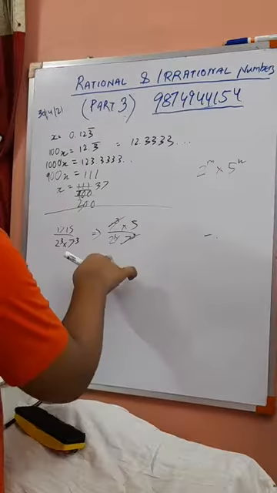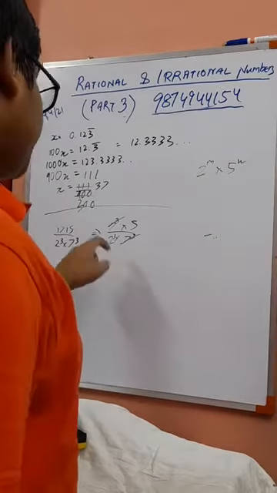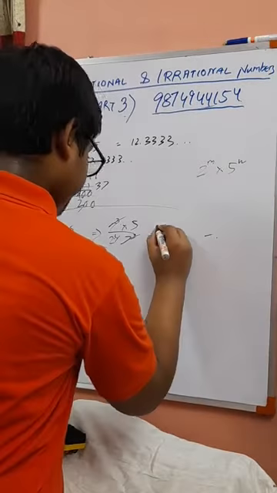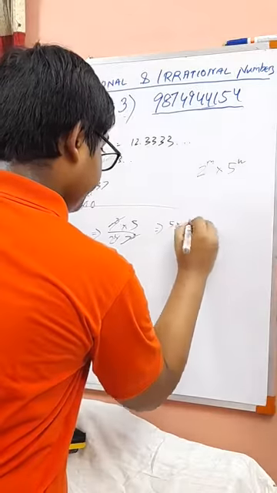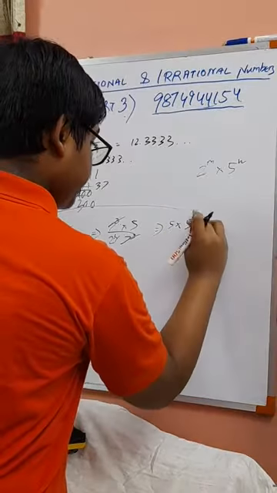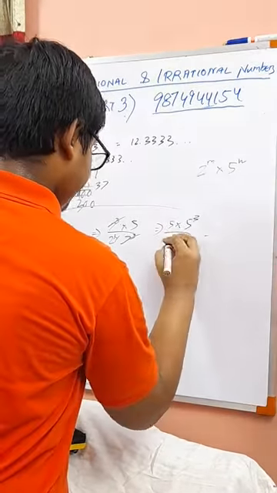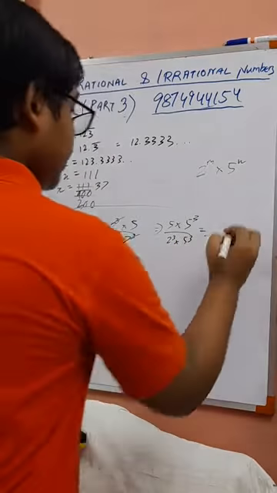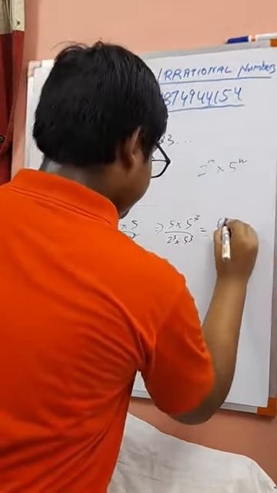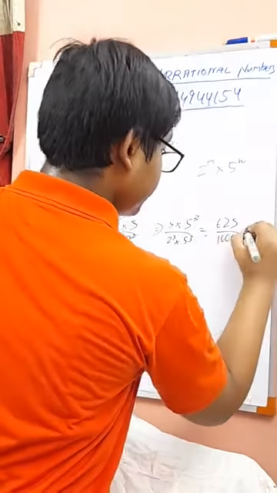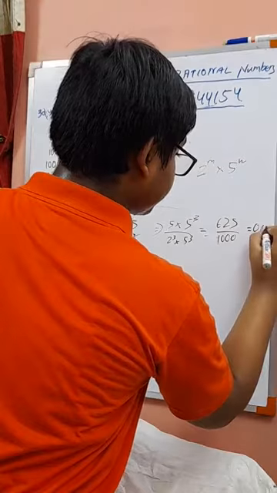Since we have 2 cube here, we need to multiply both the numerator and denominator by 5 cube, which will give us 5 into 5 cube, 5 to the power 4, by 2 cube into 5 cube, which will be 625 by 1000, which is 0.625.